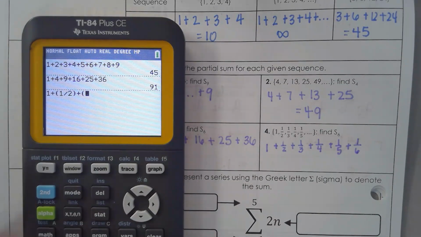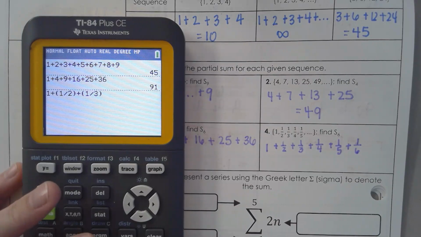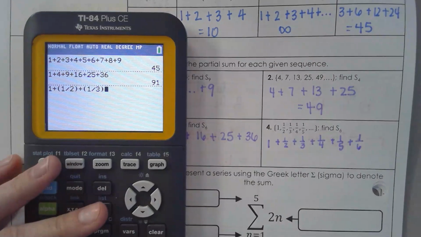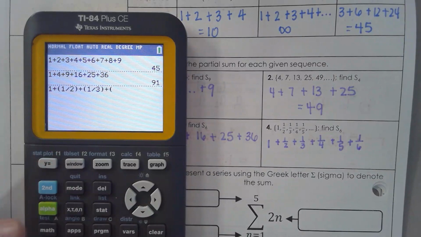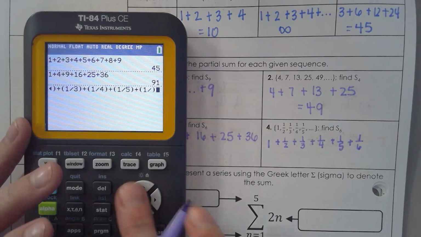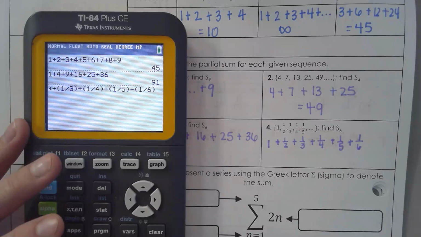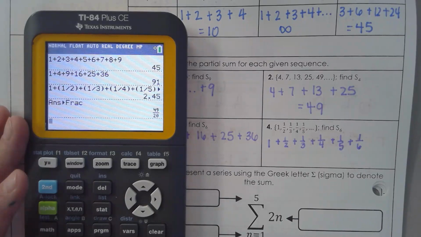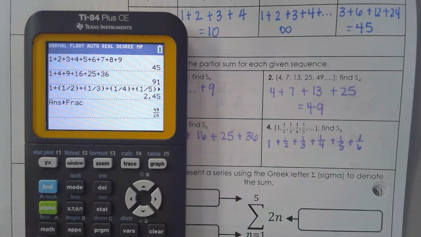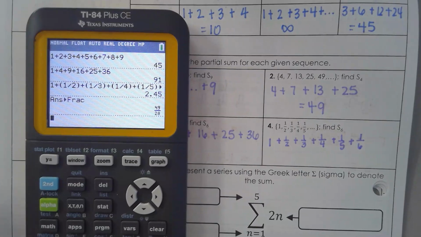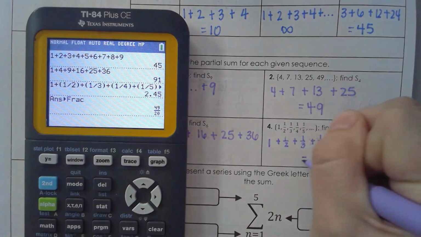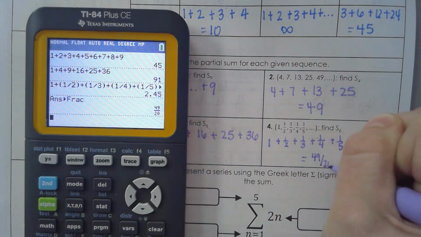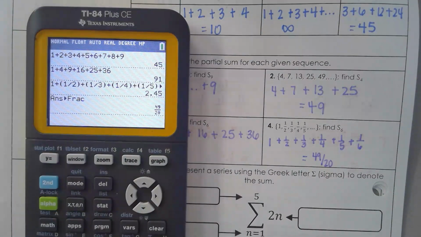I think it's easier to do it this way. And then I can just convert my answer to a fraction. And you get 49 over 20.